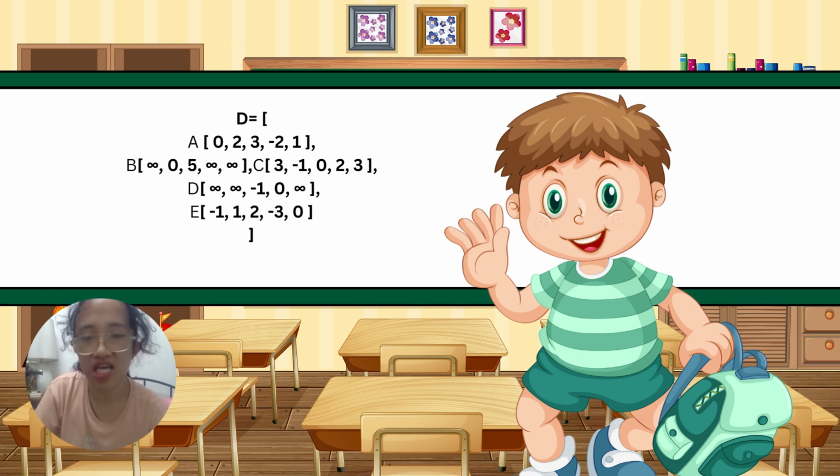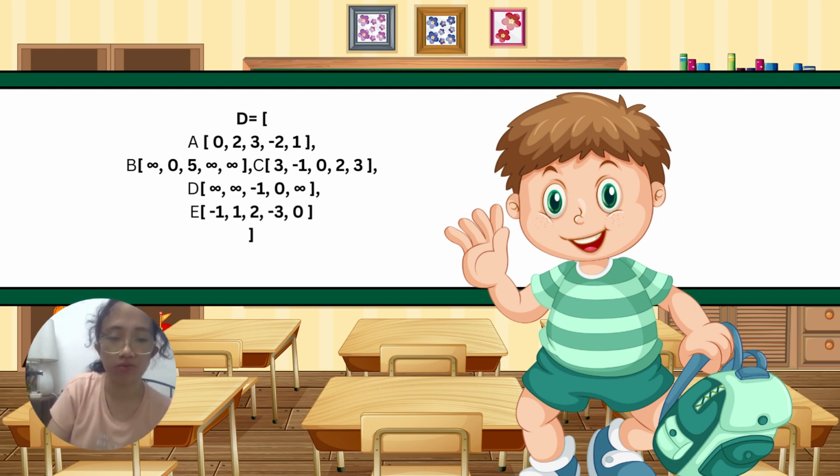For our C: 3, -1, 0, 2, 3. For vertex D: infinite, infinite, -1, 0, infinite. And for our last vertex, which is E: -1, 1, 2, -3, and 0.